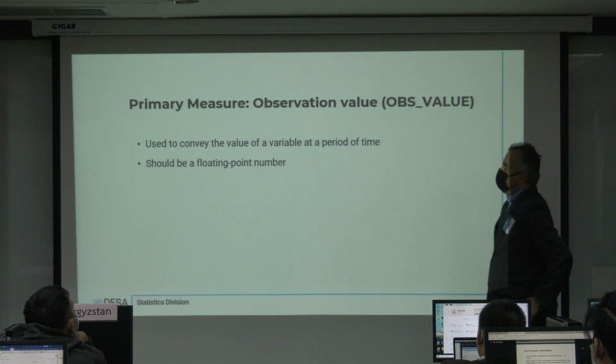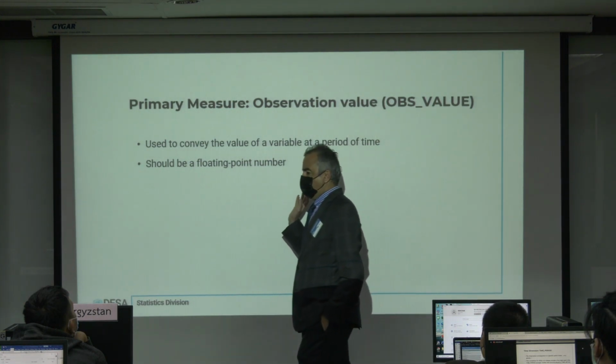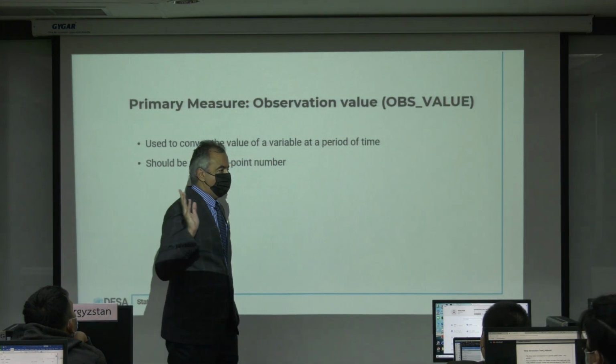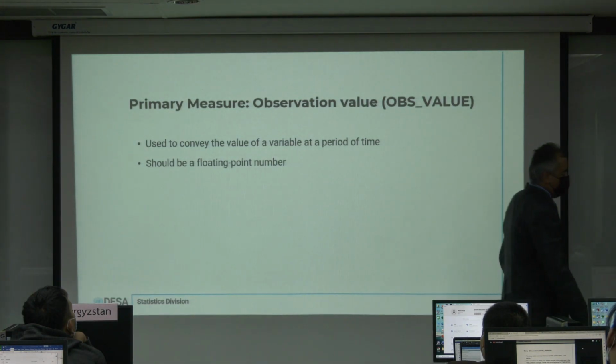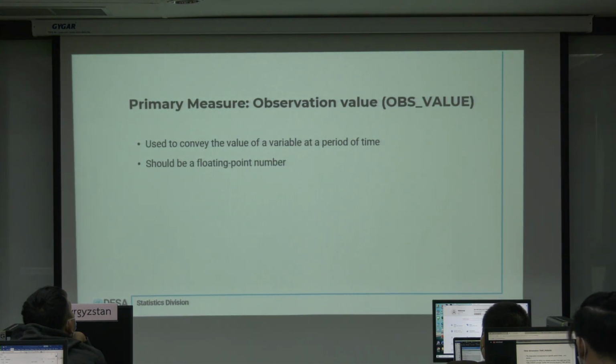And the primary measure is concept ODS underscore value, unsurprisingly, and it's a floating point number.